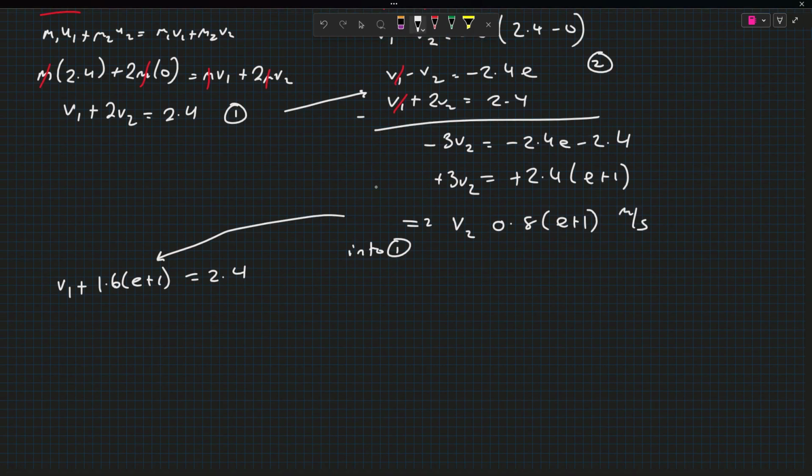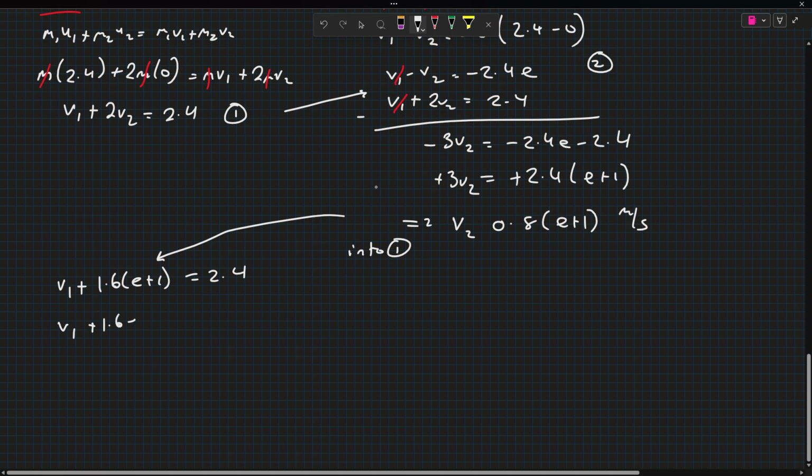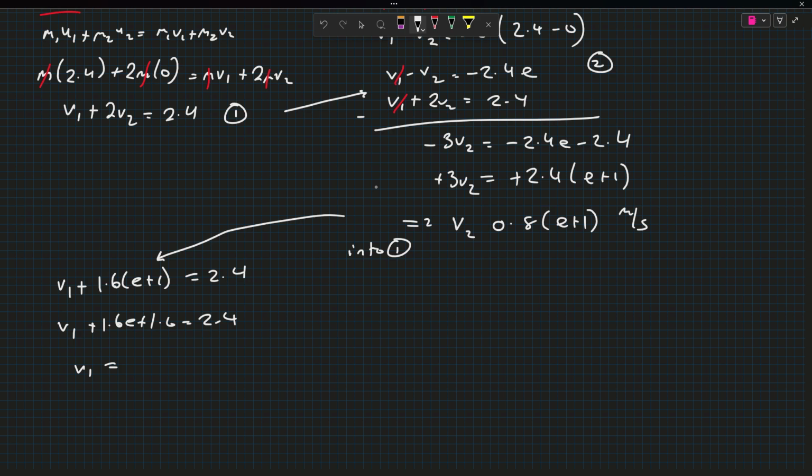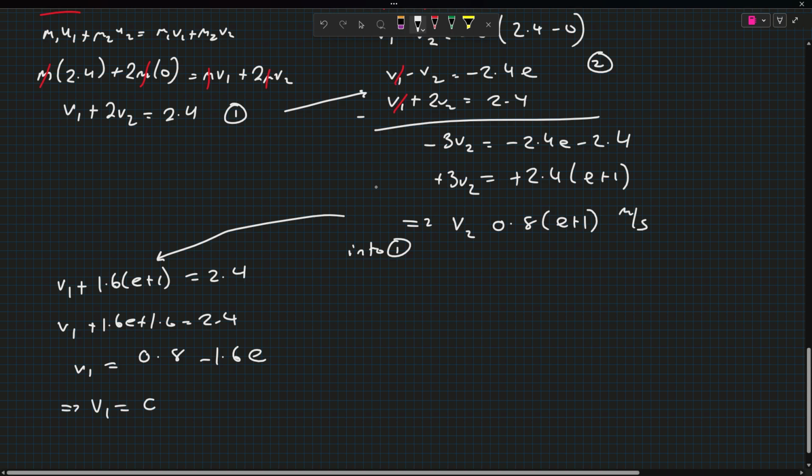Expanding this out, we get V1 plus 1.6E plus 1.6 is 2.4. If we subtract everything onto one side, 2.4 minus 1.6 is 0.8, and minus 1.6E. If we now factor out 0.8, that's 1 minus 2E.